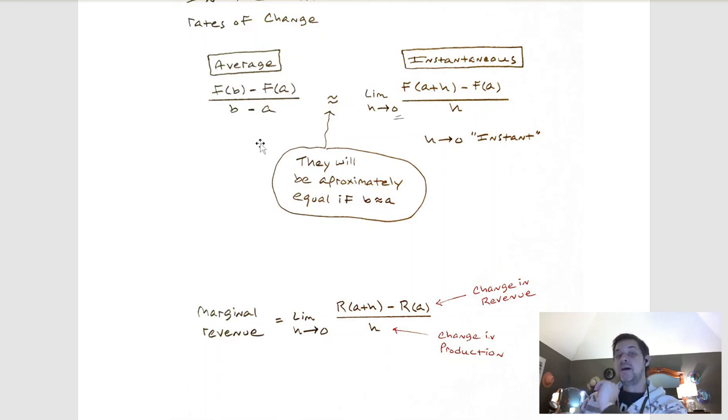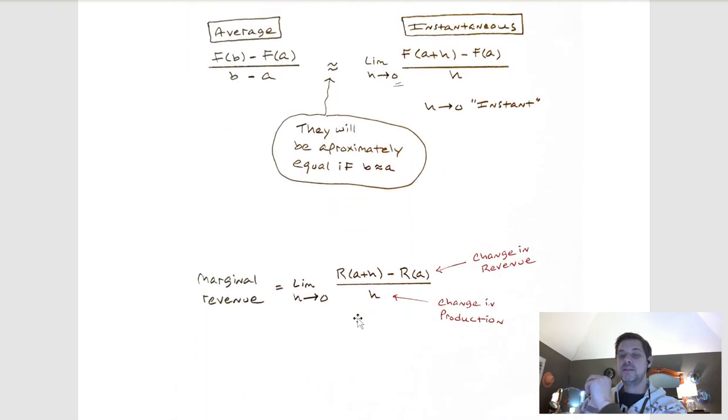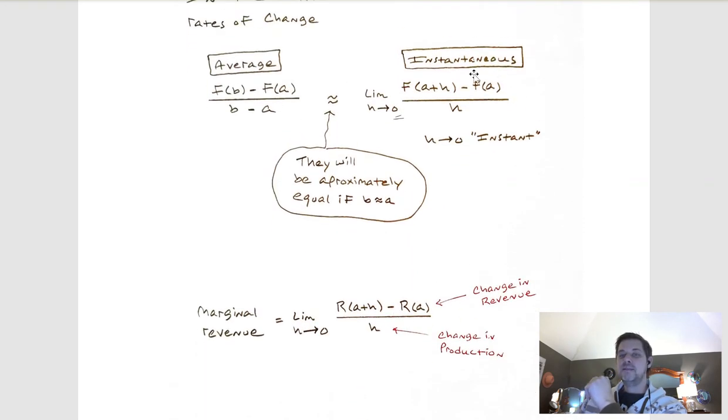Now, I'll show you how you can demonstrate that. In the next video, I'll do an example where I calculate something called the marginal revenue. Okay? And it's based on having a revenue function, like the one I used in my example just a minute ago. Okay? And remember how I said this part of the instantaneous rate of change is just like this part in the average?